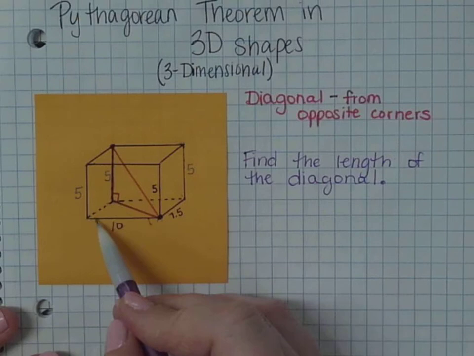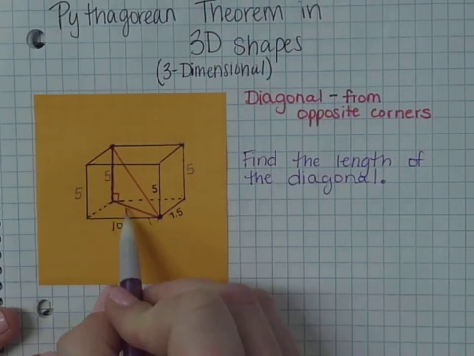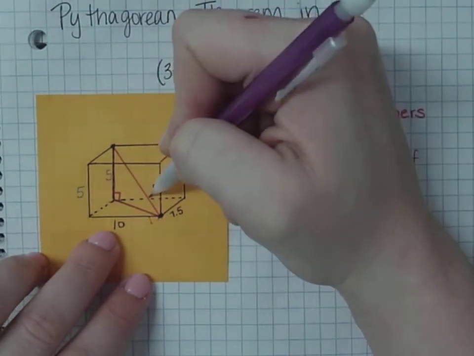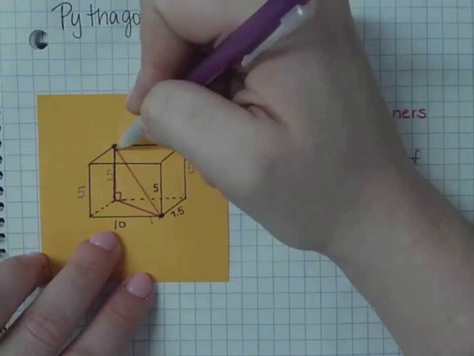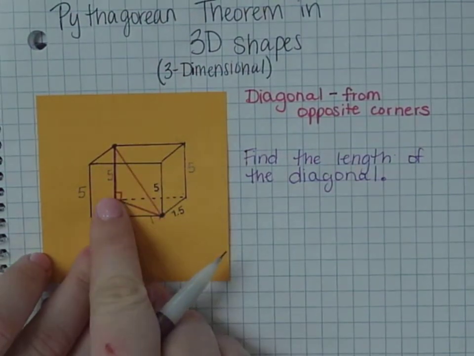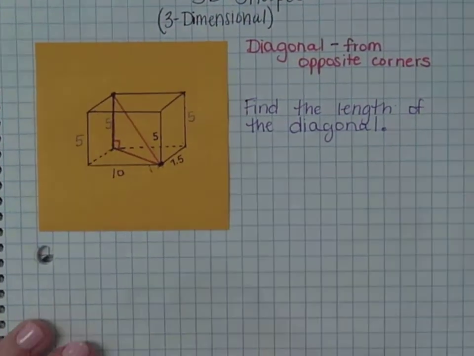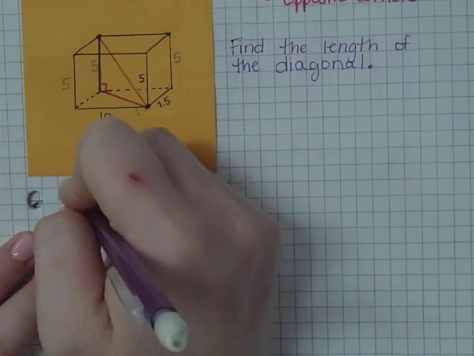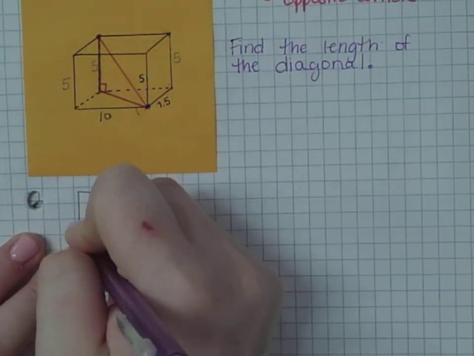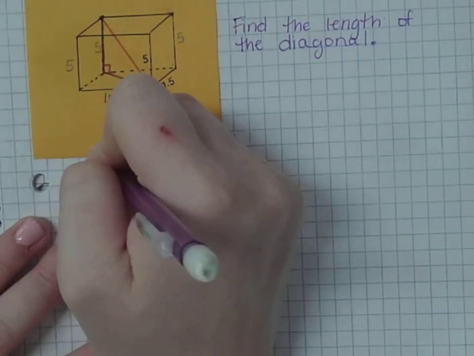So then if we think about this length, we cannot find two missing things at the same time. So we're wanting to find this diagonal, but in order to find that diagonal, we need to know the two legs. So we have this leg, and we need to find that leg. Well, if you think about that bottom, so if I draw the bottom of the box, so this is just the bottom.